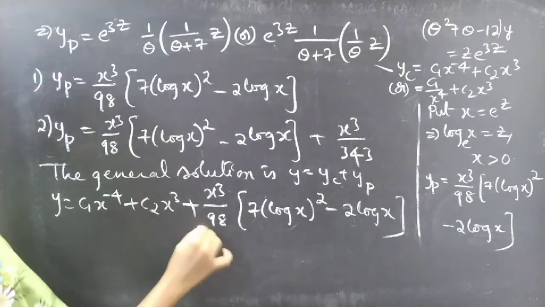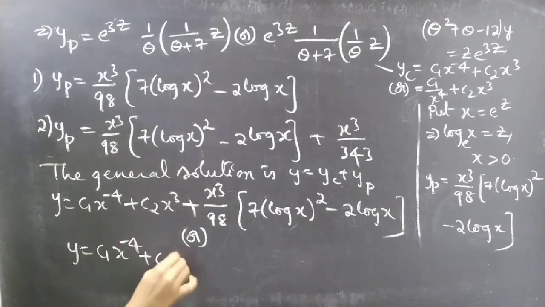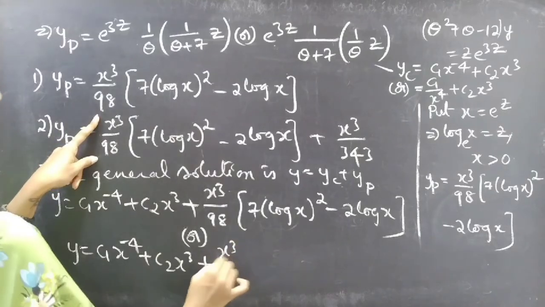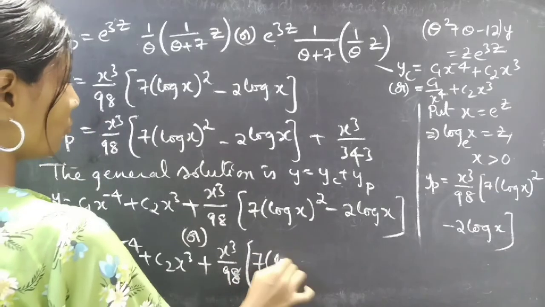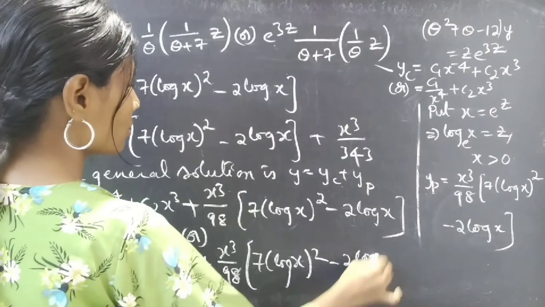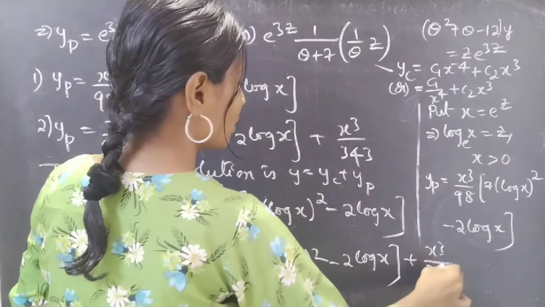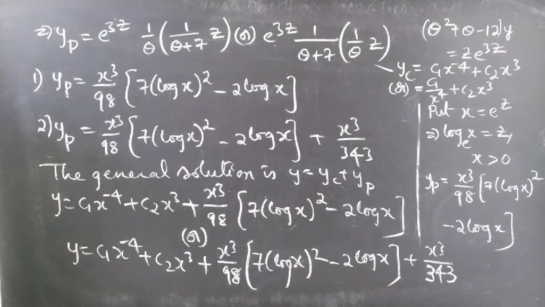Or y equal to c1 x power minus 4 plus c2 x cube plus, going for the second yp, x cube by 98 into 7 (log x) whole square minus 2 log x plus x cube by 343.